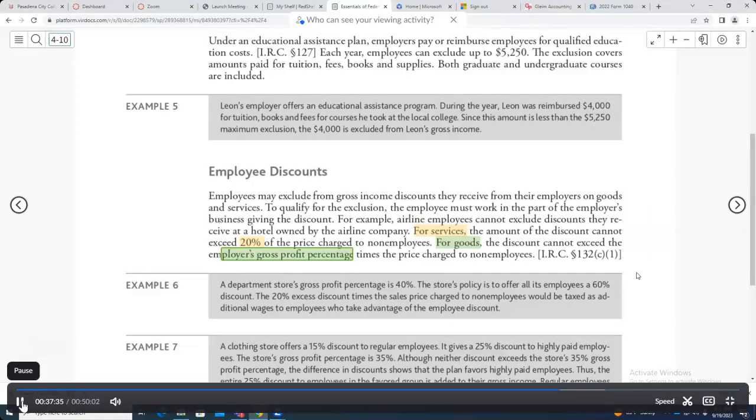Let's say they sell a t-shirt for $25. Let's make it $100. They sell a t-shirt for $100, and the cost of the t-shirt is $30.